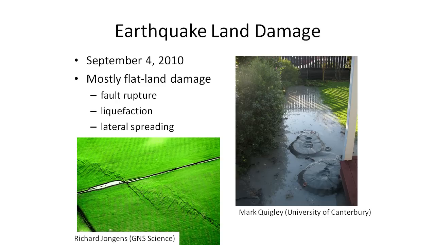So first off, in September, most of the damage that we had that was of a geotechnical nature was only in the flatlands. So it was mostly the liquefaction that we saw and the fault rupture that we had out in the Canterbury Plains that Mark talked a lot about and Mishko also talked a lot about.